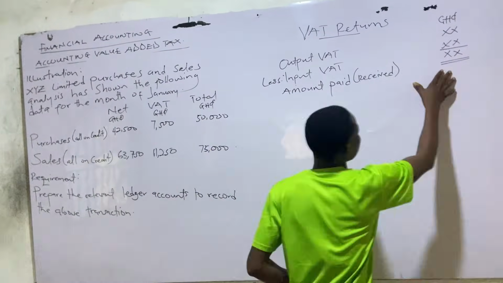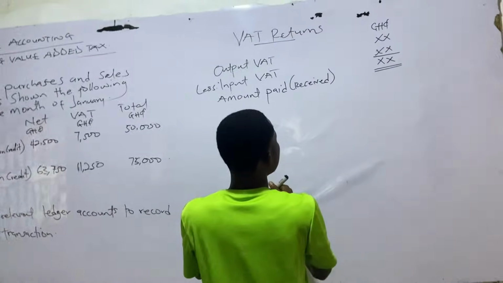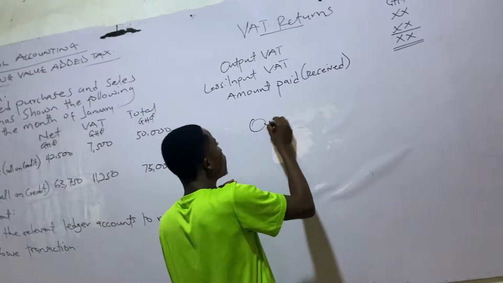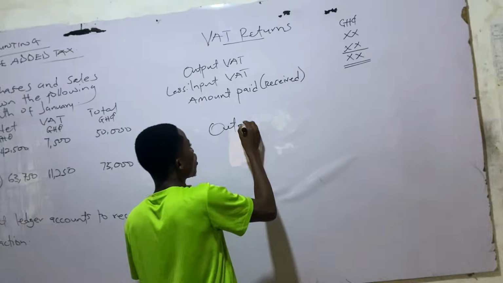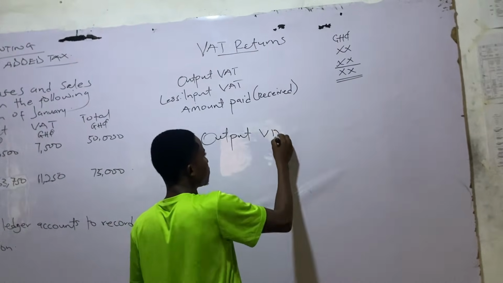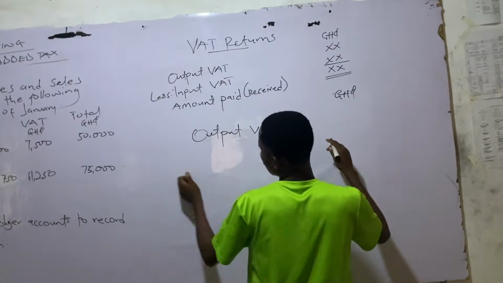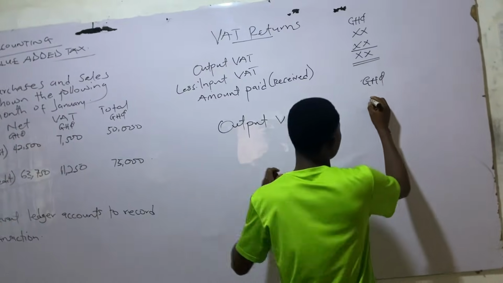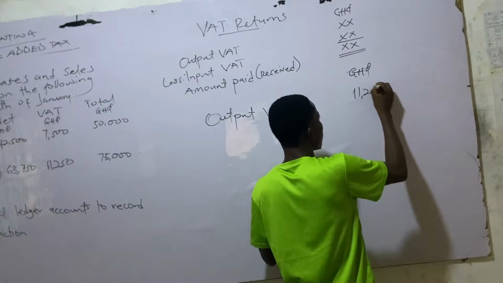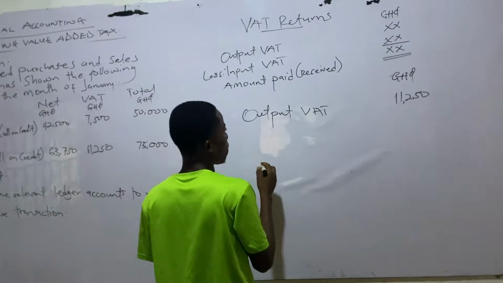So let's put it in the illustration. So we have our output VAT to be 11,250 Ghana cedis.